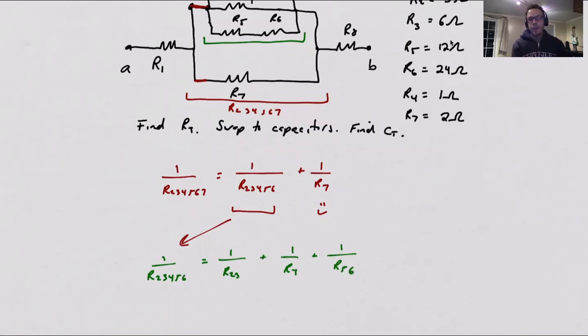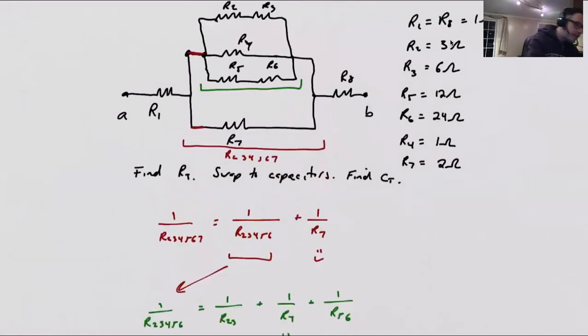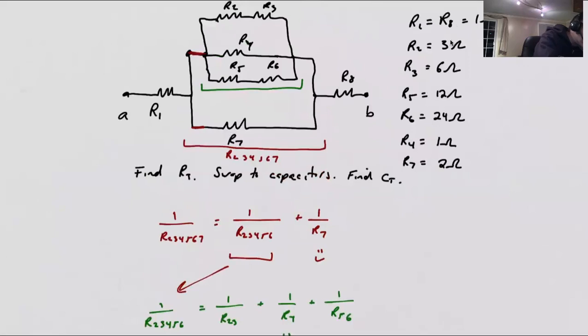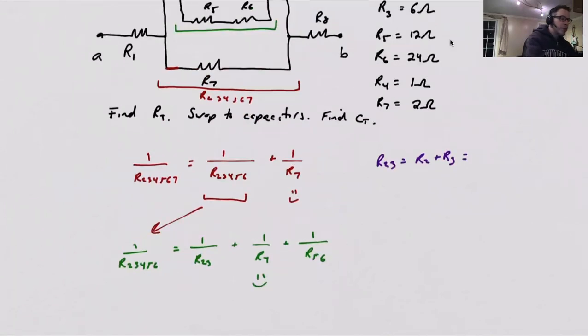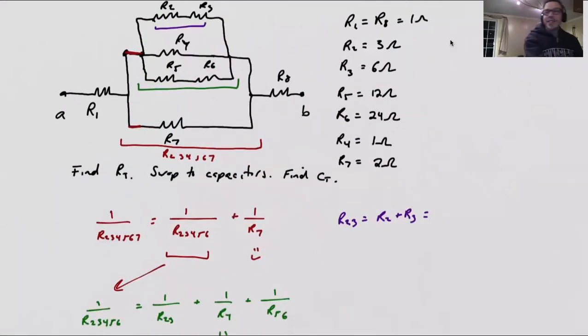Yes? The only one of these that we're really happy with is R4, because that's the only one with a single resistor. But we're not so unhappy with R23 and R56, namely the pieces in purple. Do we all agree that R23 is just R2 plus R3, because those two things are in series?